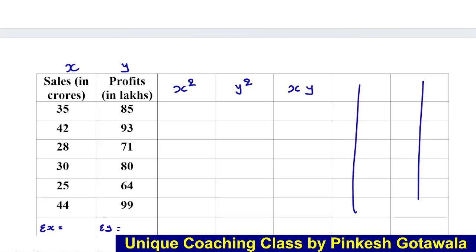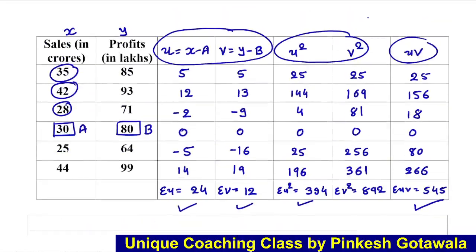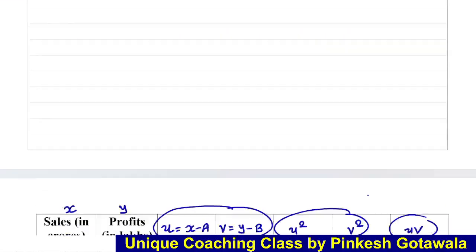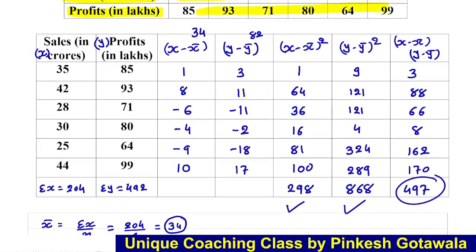But here the amounts are higher, like in lakhs, crores and thousands. The amounts can go into lakhs, thousands, even crores. One more point: to prepare those five columns in the other methods, we need the calculator very little.